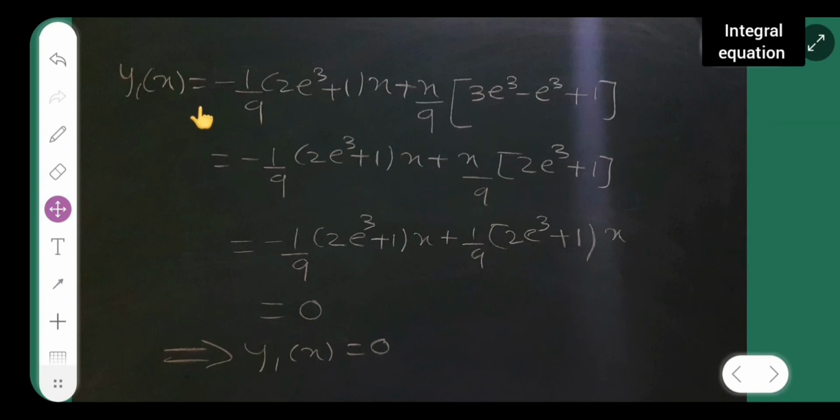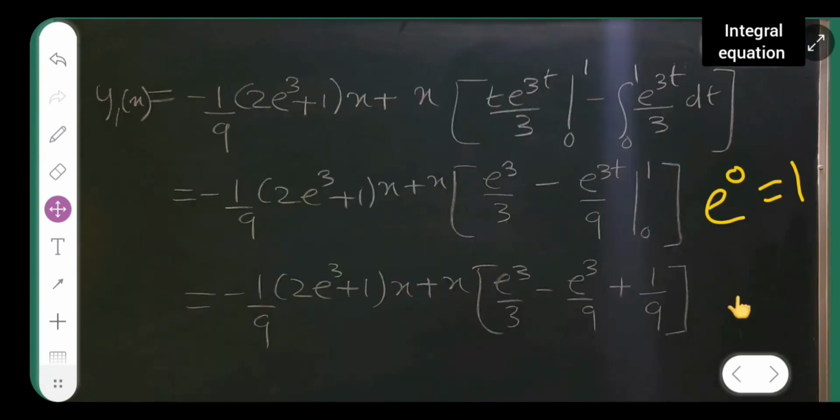Now y1 of x is equal to minus 1 upon 9 [2e raised to power of 3 plus 1] into x plus x upon 9. Now what I have done is I have taken this 9 outside as common, and to balance it, I have multiplied this part with 3.